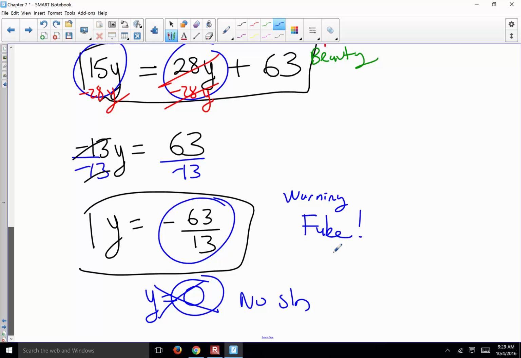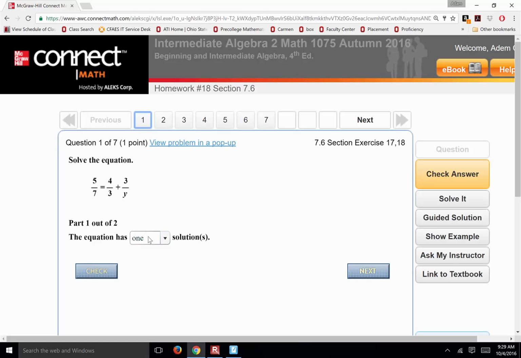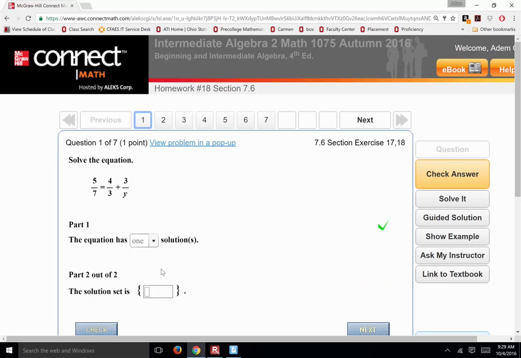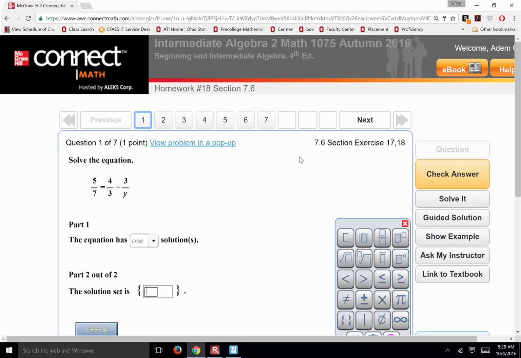So you need to take off the fake one and say only one solution. Maybe both of them are real. You never know, okay? So you need to test. So this one has one solution, and that was a fraction of minus 63 over 13. You can put the minus on the top, it doesn't matter. It doesn't have to be in front.